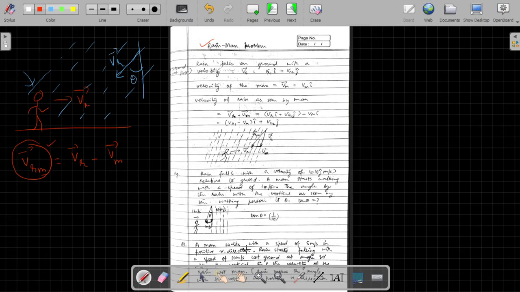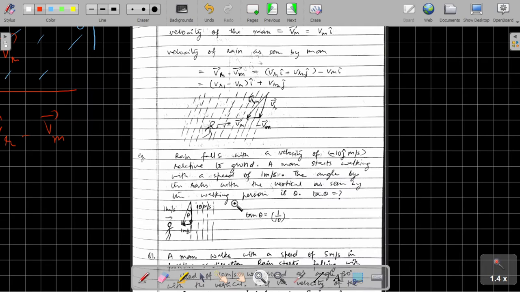So let us dive deep into our concept with an example. In this example, rain falls with a velocity of minus 10 meter per second relative to ground, so it is falling vertically downwards.